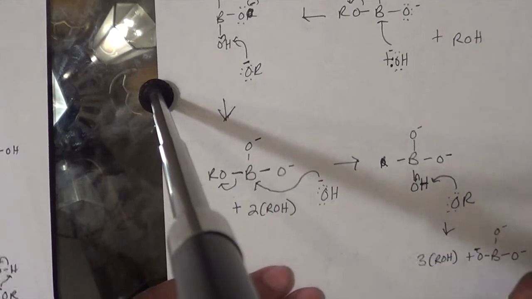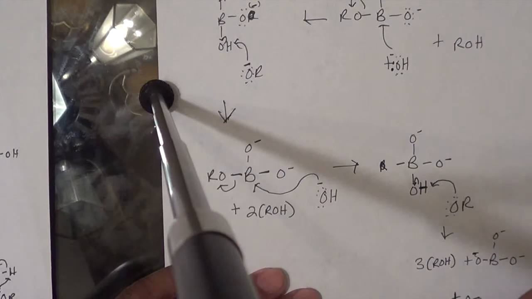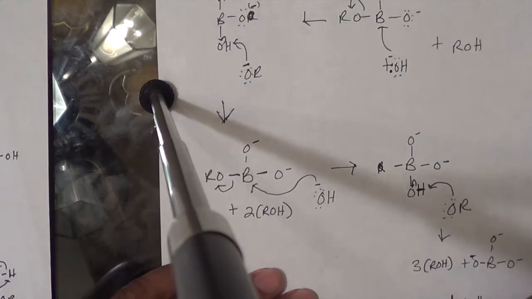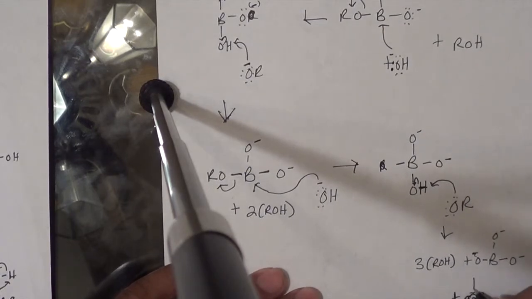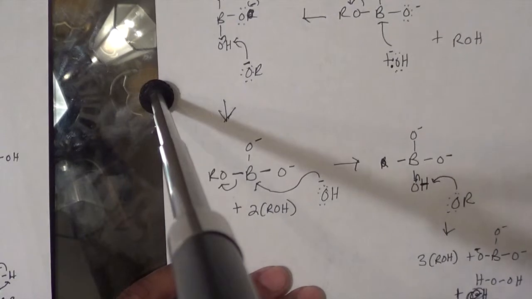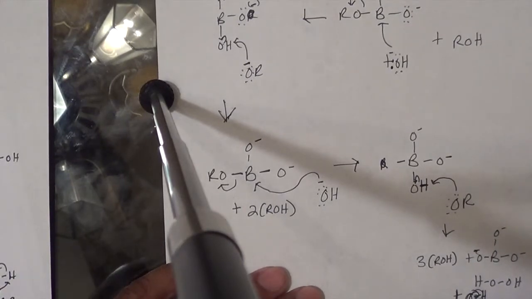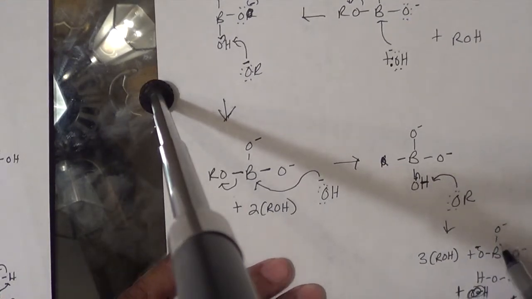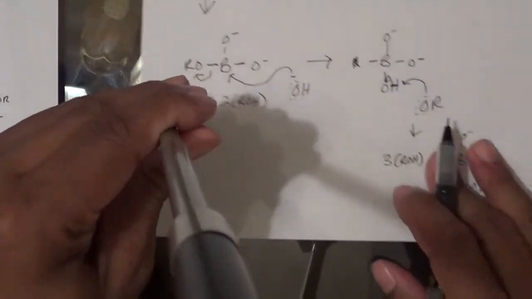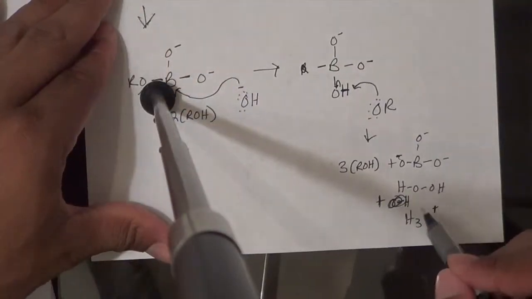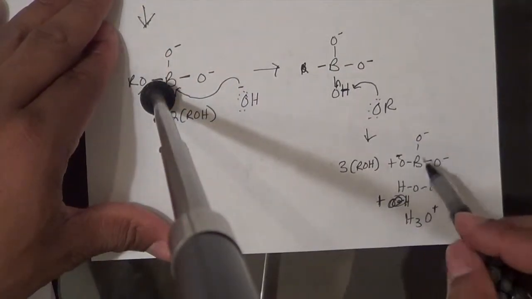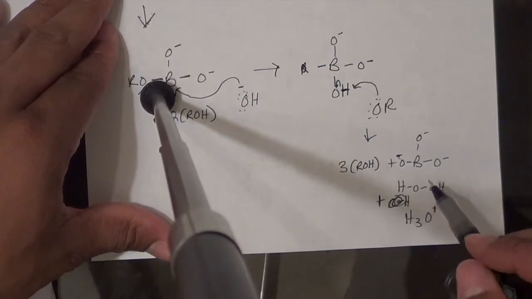Okay, now remember we have water in solution. We have peroxide in solution, not water. We also have protonated water and hydronium ions that these anions can come and attack.